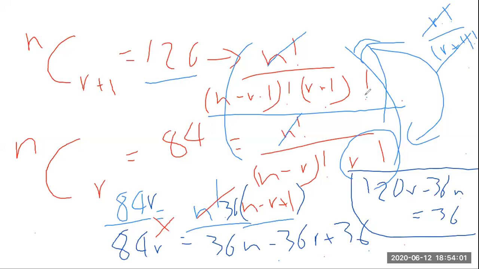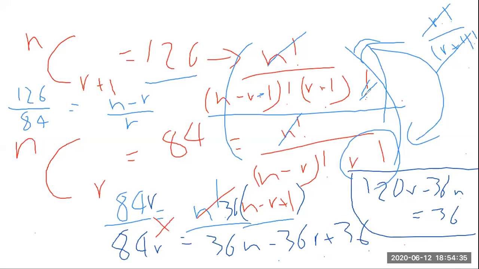You'd just get r plus 1, and then on the top you'd get n minus r through a similar cancellation, and then you'd get n minus r by r equals 126 by 84.